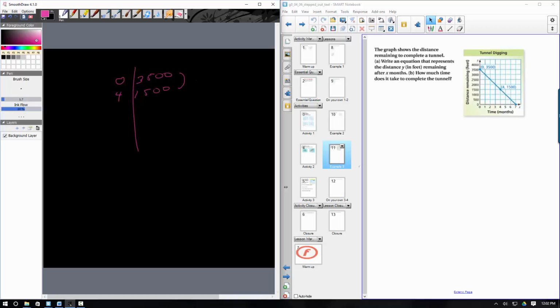So this is going down by 2,000. And this is going up by 4. So that'd be negative 2,000 over 4 equals negative 500 over 1. Now it makes sense that's a negative slope because from left to right it's going down. My starting point is 3,500. So y equals negative 500 over 1 x plus 3,500.